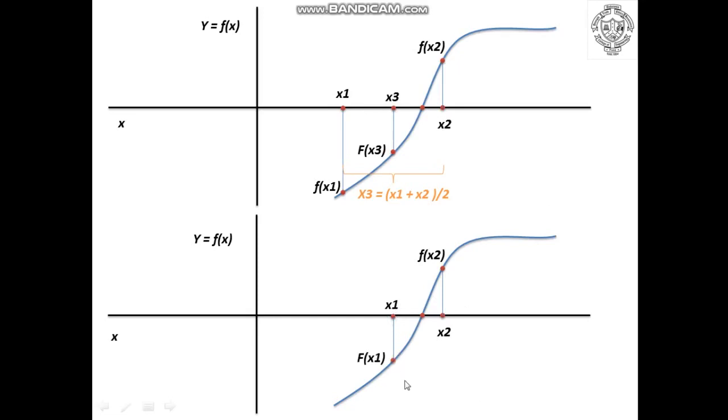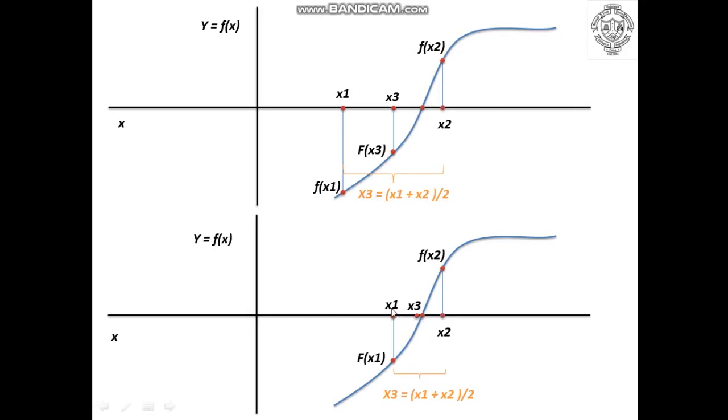And now, as you know, the next step is again to find the midpoint between x1 and x2. You will employ the formula to find the new x3 as x1 plus x2 divided by 2, and now you can observe that the midpoint of x1 and x2, which is x3, is very close to your exact root. And again you have to repeat the same procedure.